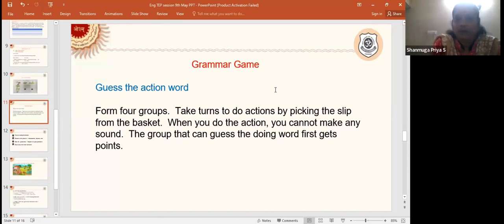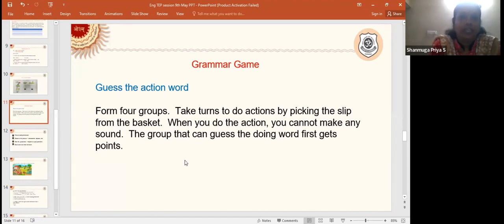There would be an action word written on that, and the child has to do the action, and the other children have to find out what action it is. The child doing the action should not open the mouth. He should not tell out the word. They should do only the action, and the others should find out the action word.